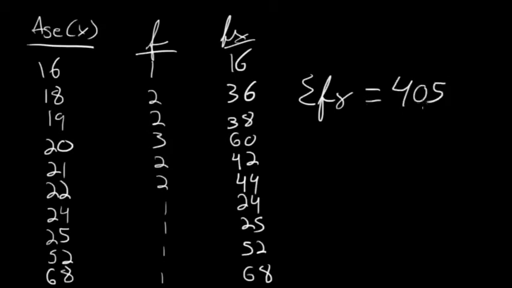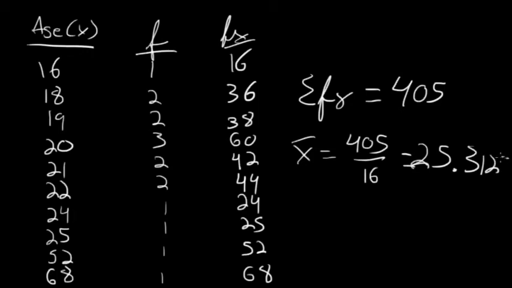We get 405. But to get the average, we have to take that and divide it by the total number of the population. Remember that was 16. And what number do we get? We should get 25.3125.